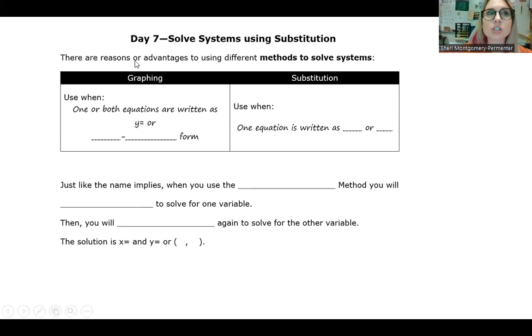So an advantage to graphing would be when one or both equations are written as y equals, or in blank form. Do y'all remember what kind of form that is? Y equals mx plus b.